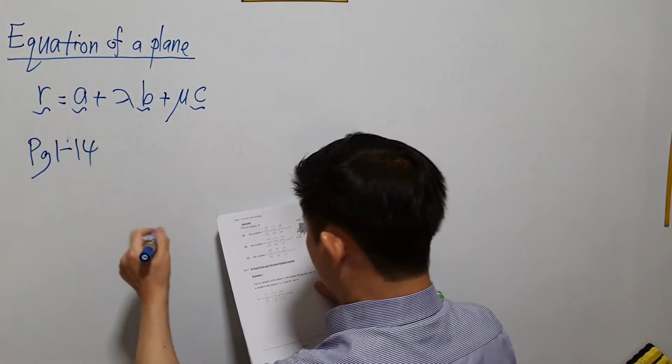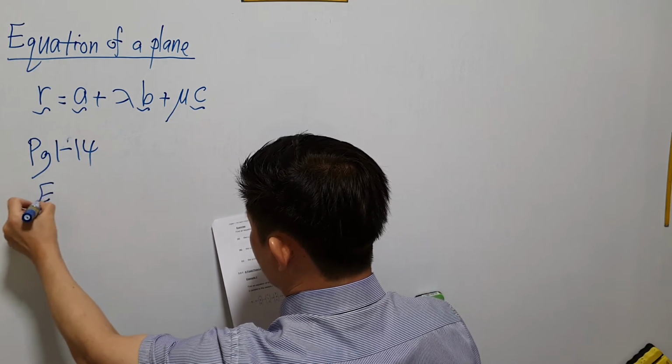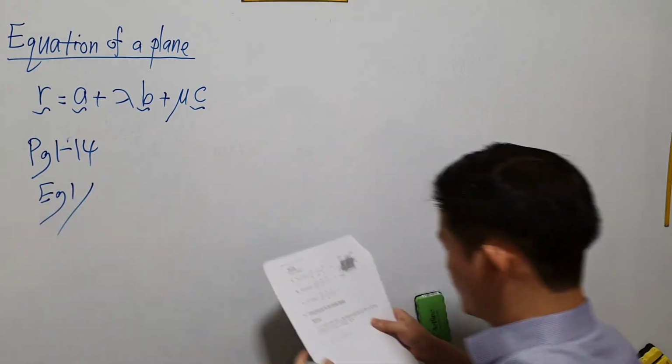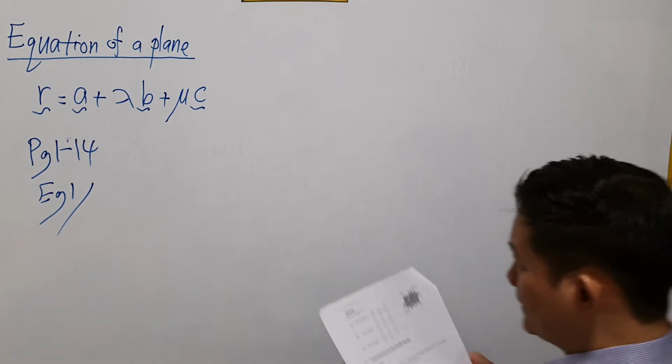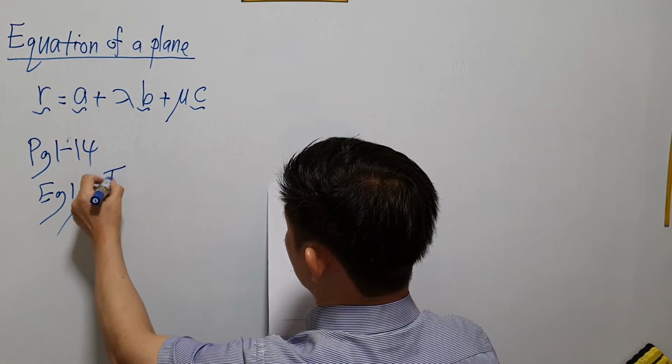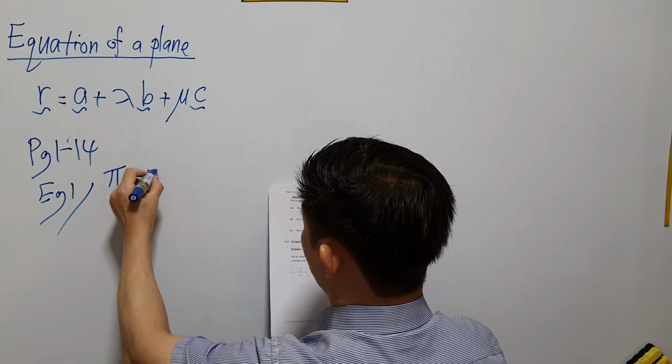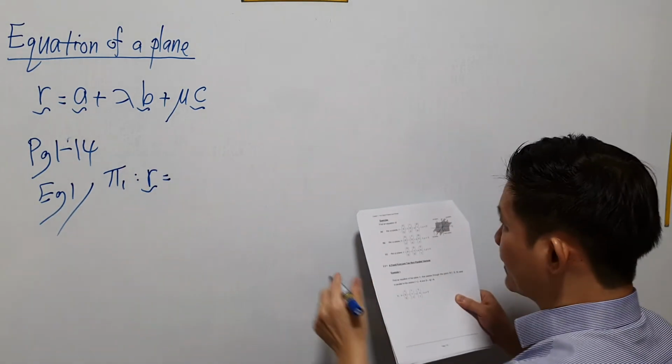In example 1, on page 114, you are asked to find the equation of a plane pi 1 that passes through the point A, and the plane is parallel to two other vectors. So based on our understanding, this plane pi 1 will have an equation that looks like this.